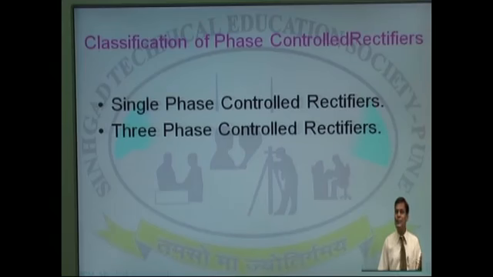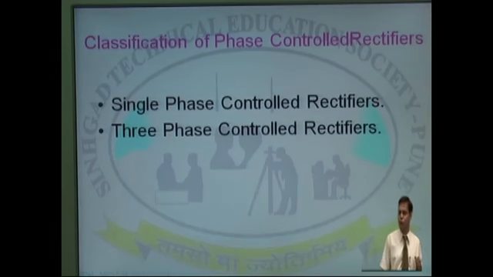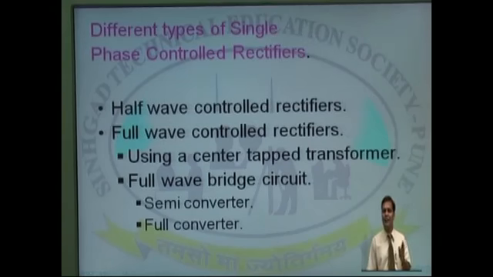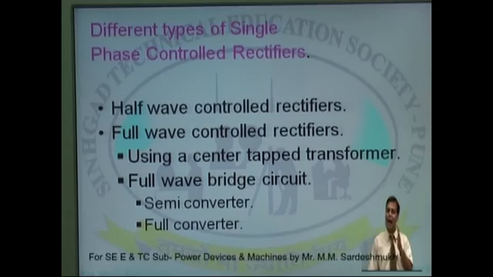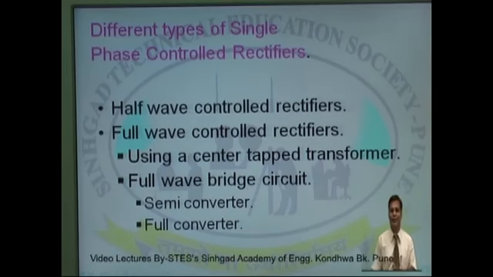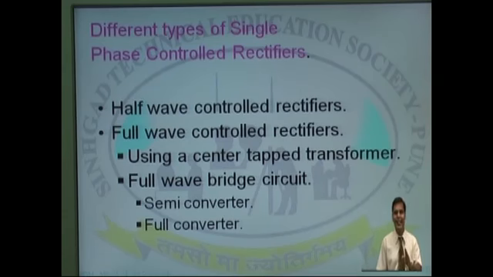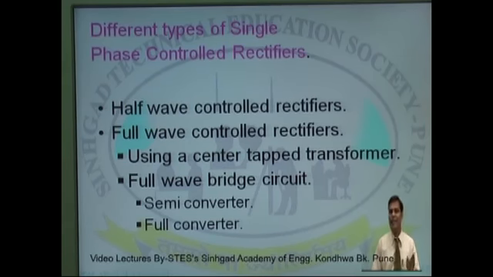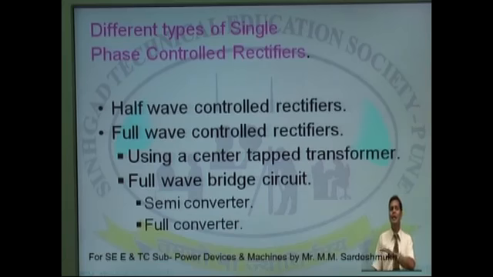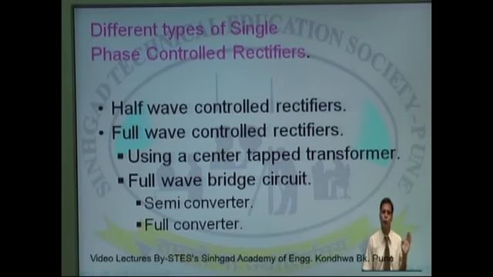Then single phase converters can again be classified into different categories depending upon the circuit configuration used. On a broad basis, they are classified as half wave and full wave, that is single phase half wave converters and single phase full wave converters. If conduction is only for 0 to 180 degrees, then it is called half wave, whereas if conduction is there for both the cycles, that is positive cycle and negative cycle, it is called a full wave rectifier or full wave converter.